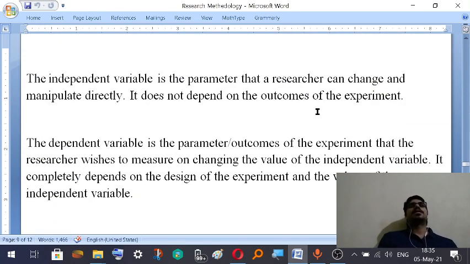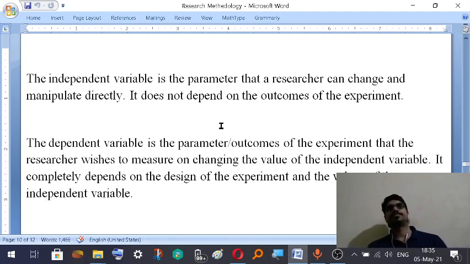First of all, let us understand what is independent variable. An independent variable is basically a variable that the researcher can control and manipulate with, and it doesn't depend upon the experiment.